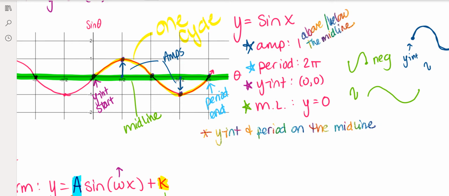If the amplitude was 2, we'd go 2 above and 2 below the midline. Now, before we have more to talk about with those amplitudes, let's go to that last and final point. We've talked about y-intercept, we've talked about the period. So we have addressed, let me mark these off, that point, that point, and we've partially addressed the amplitude.